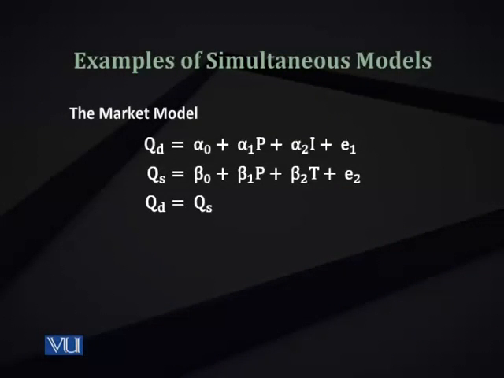So we may have many examples. For example, if you remember the demand and supply models, demand and supply are interdependent. They are simultaneously determined. The price and the equilibrium quantity, where the quantity demanded and supplied are equal, are determined together.